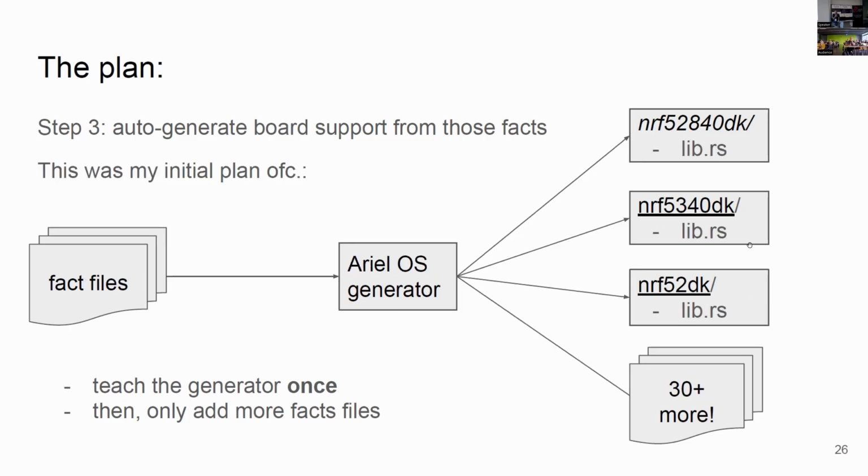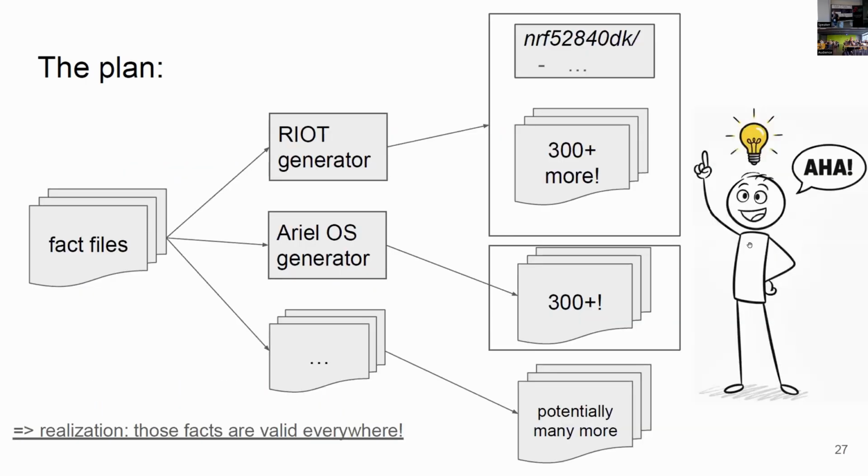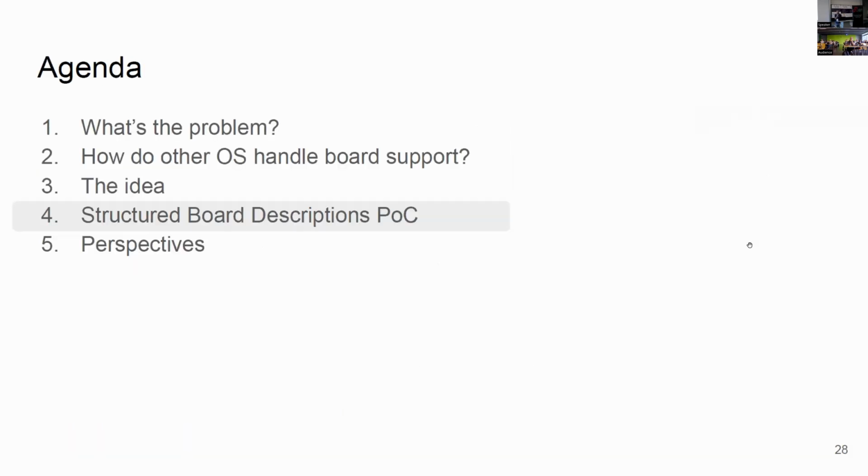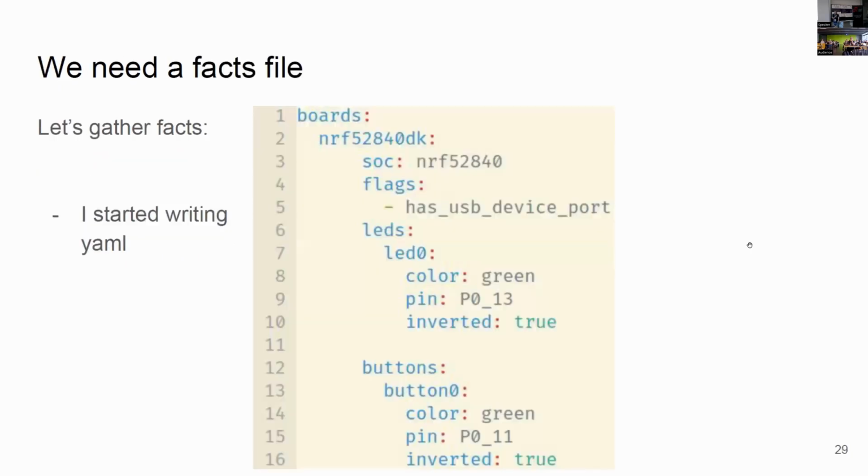And to be honest, my plan was of course to do this for Ariel OS, right? Auto-generate Ariel board support from those fact files. But of course, the facts are facts by definition. So the same fact files can be reused across operating systems like RIOT or Ariel OS or wherever.